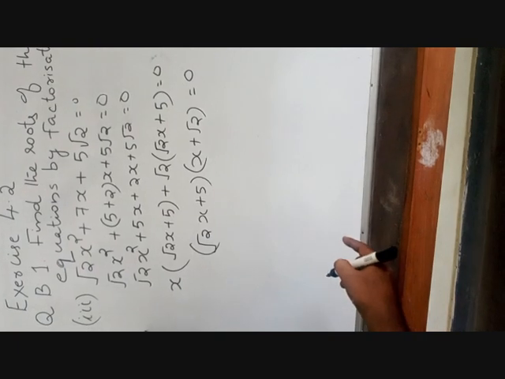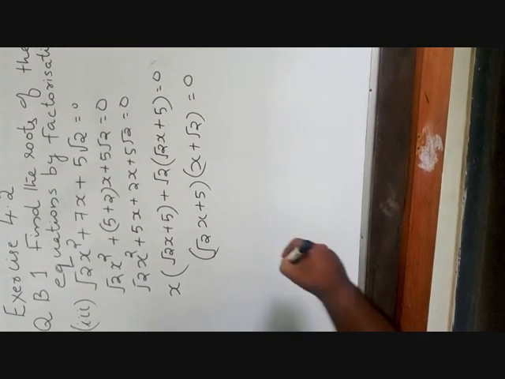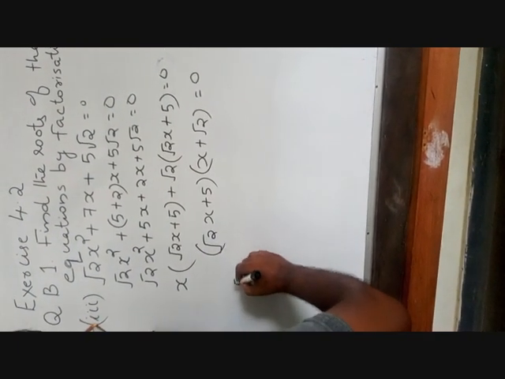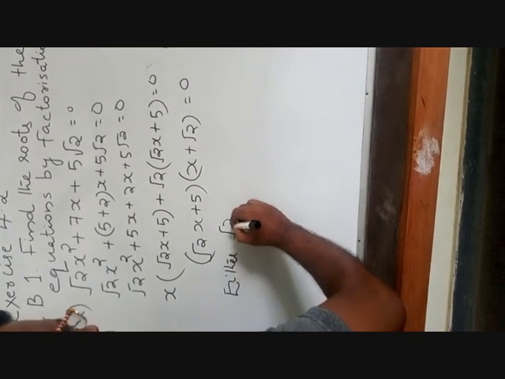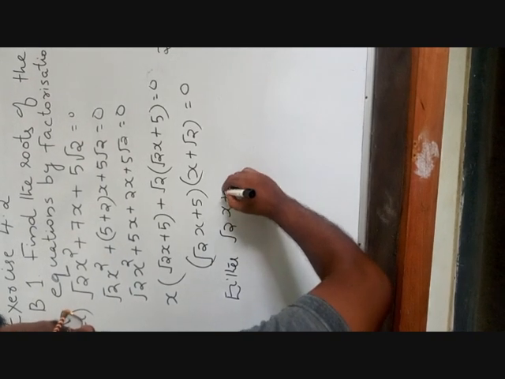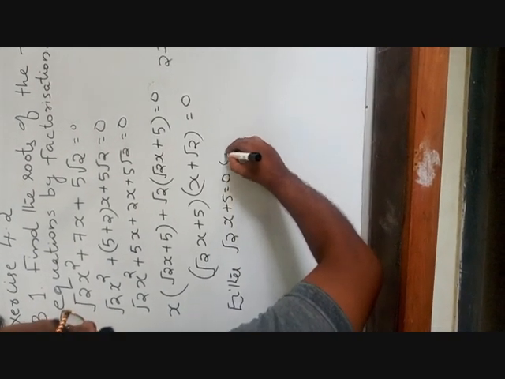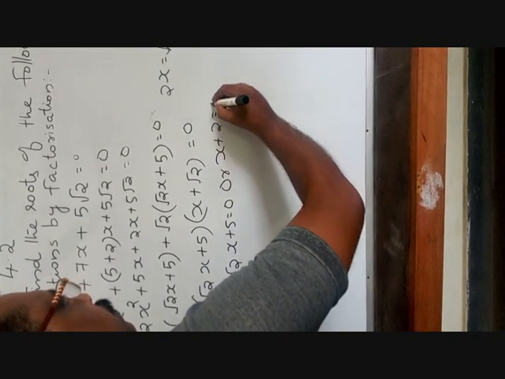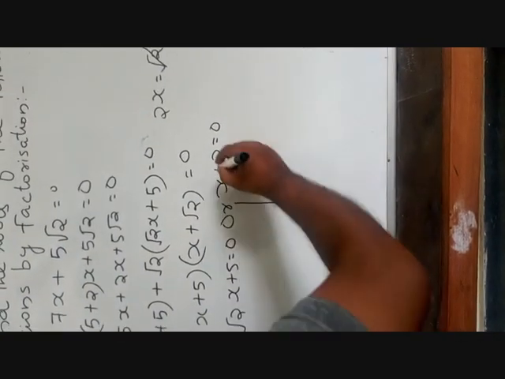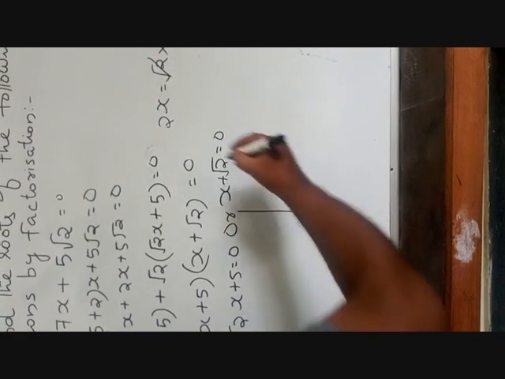Therefore, any one of these terms should be 0. Therefore, we can write here either root 2 x plus 5 is equal to 0 or x plus root 2 is equal to 0. Here x plus root 2 is equal to 0.